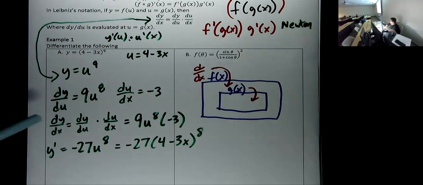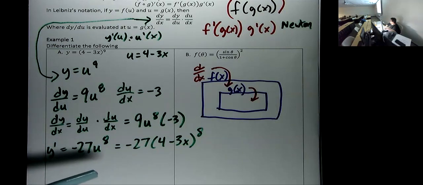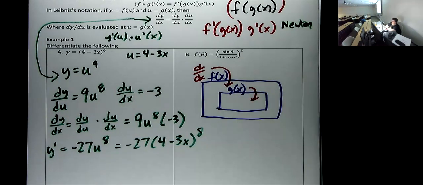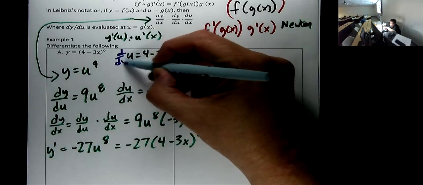This way is easy to do, where you do it in pieces and put them together. Maybe I should give you guys a second to finish writing it. How did we get du dx equals -3? We took d/dx of this.